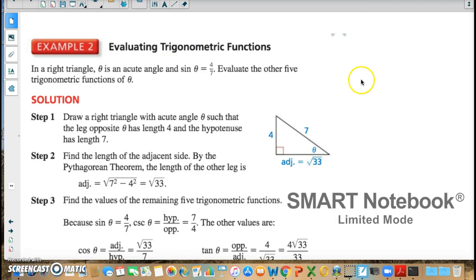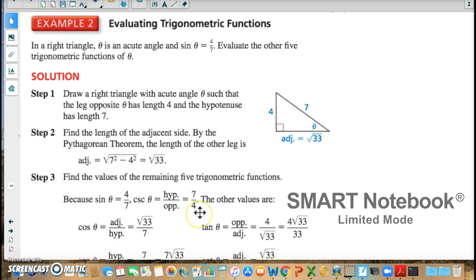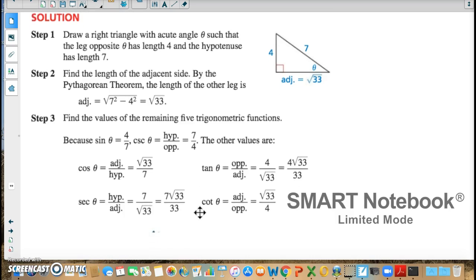So here's a practice problem as an example of how to come up with the 6 trigonometric functions. In this case, if you're given the sides 4 and 7 and you had to find the other side, you can still use the Pythagorean theorem. You would know that 4 squared plus x squared equals 7 squared, and you would solve and get the square root of 13.